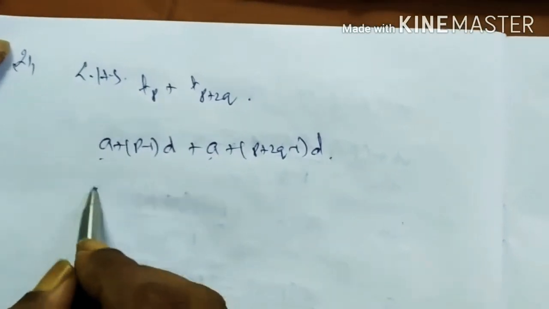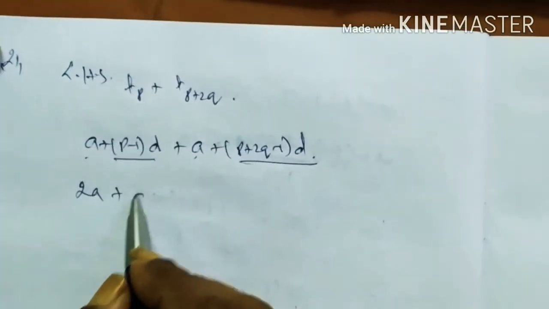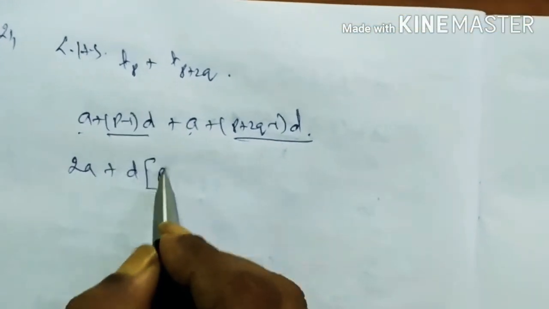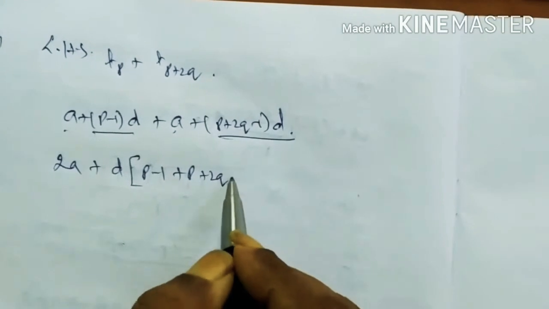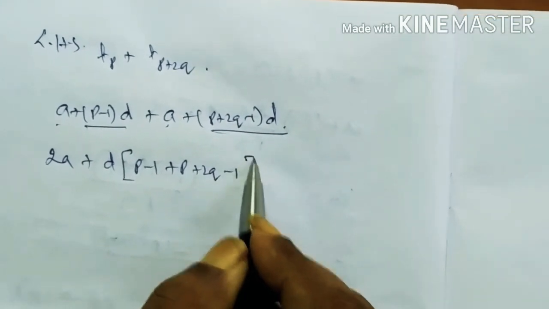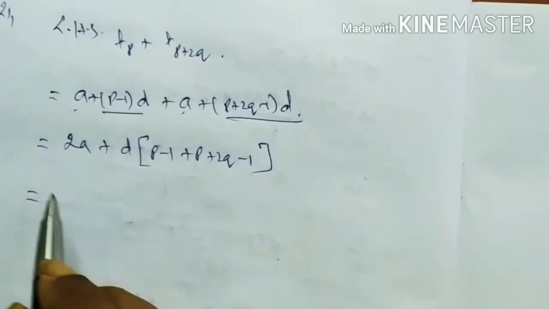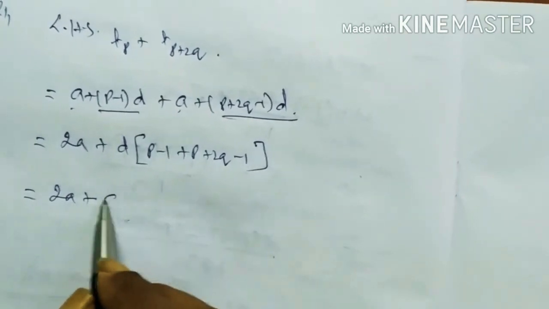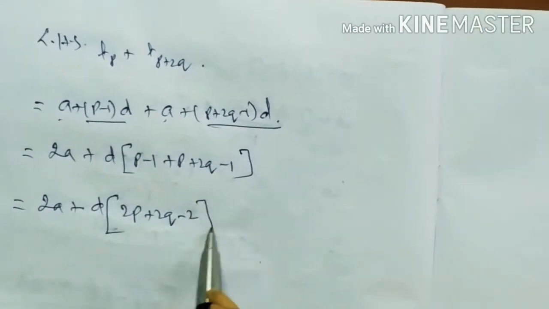So a plus a is 2a. Again, d is common, so d times (p minus 1 plus p plus 2q minus 1). So this comes out to be equal to 2a plus d times (2p plus 2q minus 2).